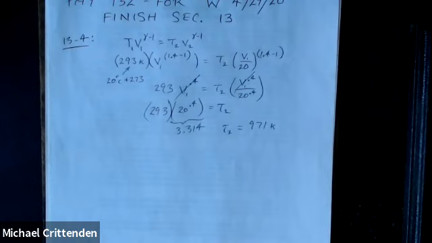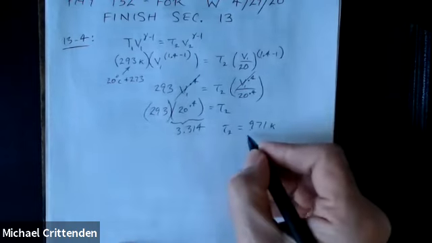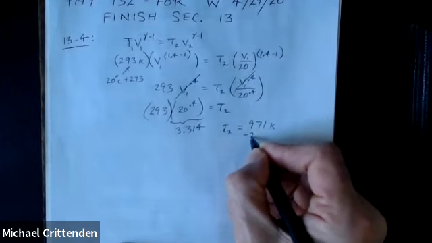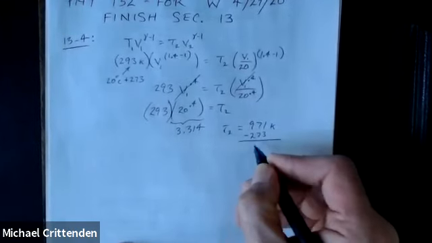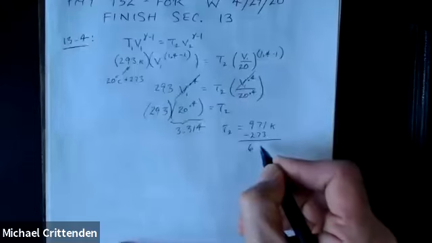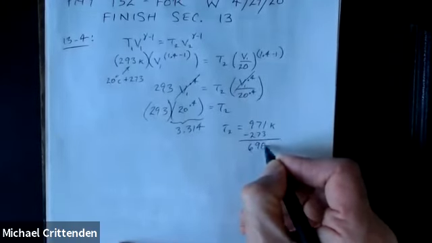But it says find the final temperature in degrees Celsius. So you have to take the 273 back off again. And the answer is 698.